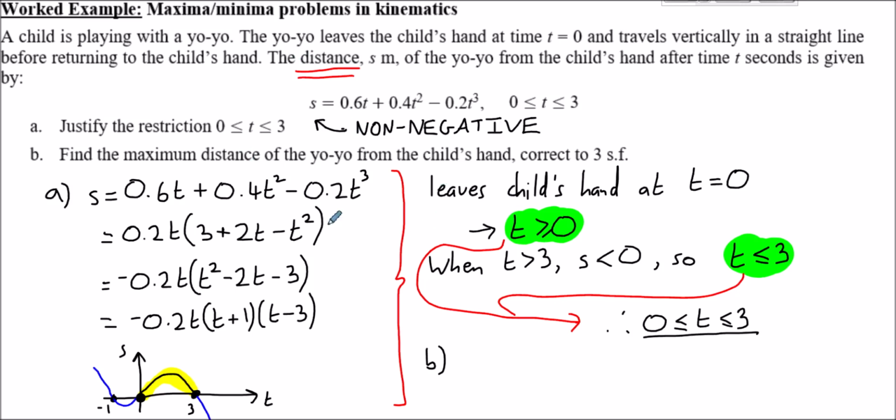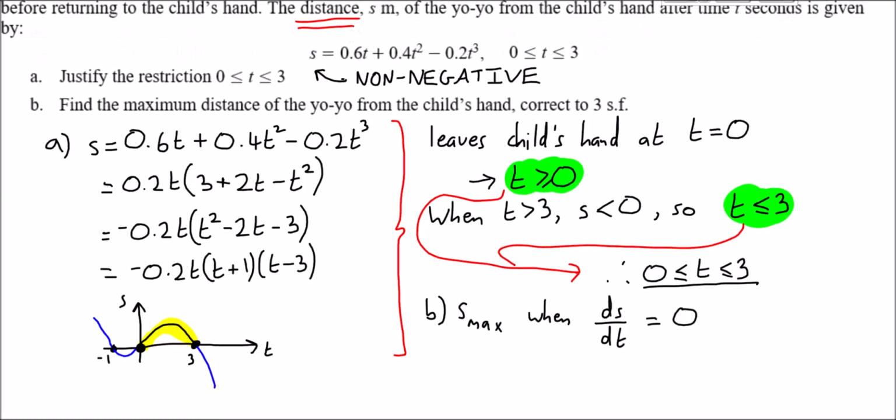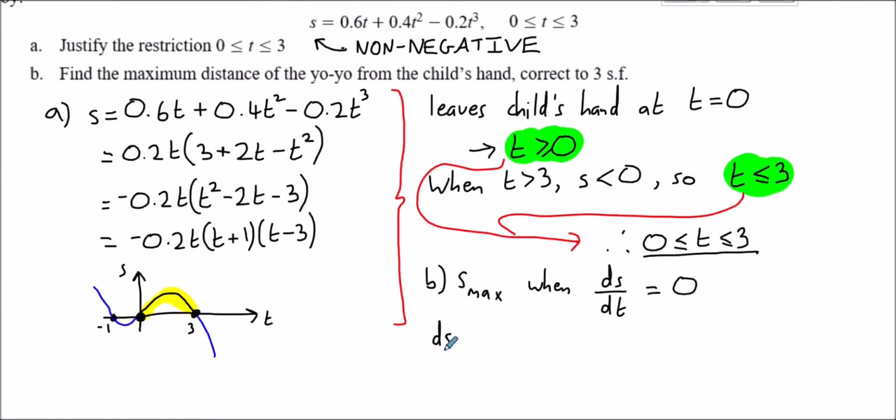So it's going to be a maximum distance, s max, is going to occur when the speed of the yo-yo, which is ds by dt by the way, is equal to 0. So what we need to do here is we need to differentiate this with respect to time. So ds by dt, this 0.6t becomes 0.6, 0.4t squared becomes 0.8t.